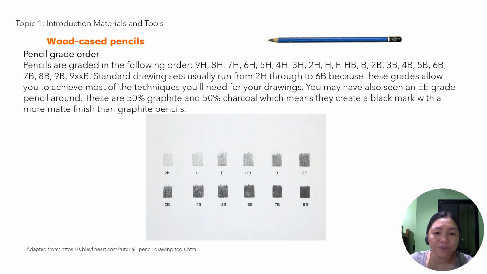So note that yung ating mga H are very light. Okay, they are usually used for constructing yung ating mga construction lines. Following that shade is F, and then of course yung ating HB and B, which we usually use in blending, itong mga grade B natin.